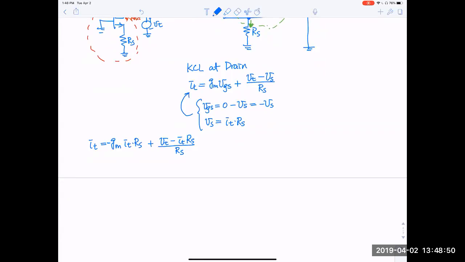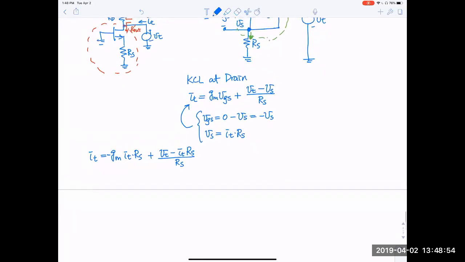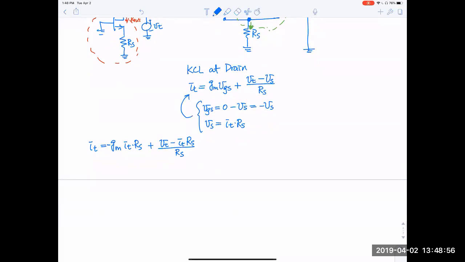So IT, and this term 1 plus, we move this term over to the left-hand side. So this will be GM RS, okay?